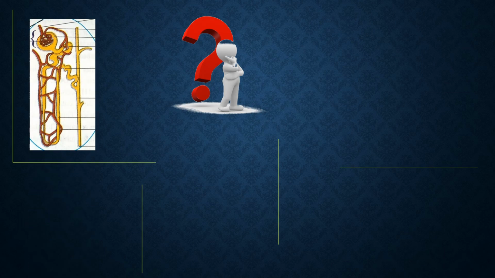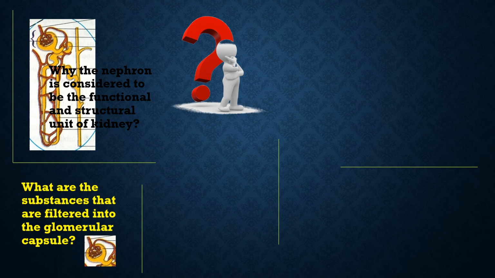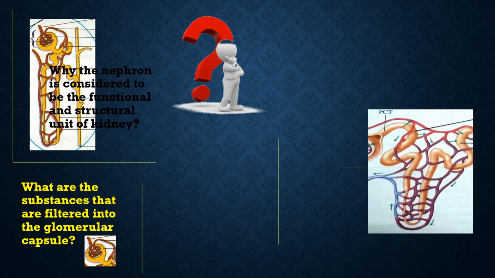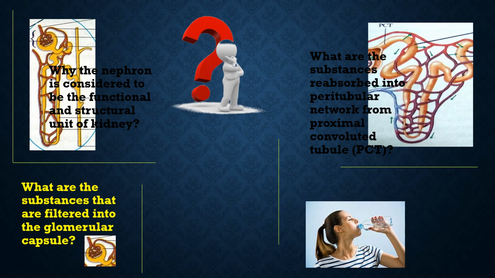Let's see a few questions. Why is the nephron considered to be the structural and functional unit of the kidney? What are the substances that are filtered into the glomerular capsule? What are the substances reabsorbed into the peritubular network from the proximal convoluted tubule, that is PCT?